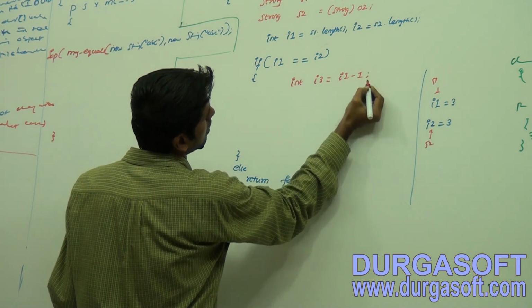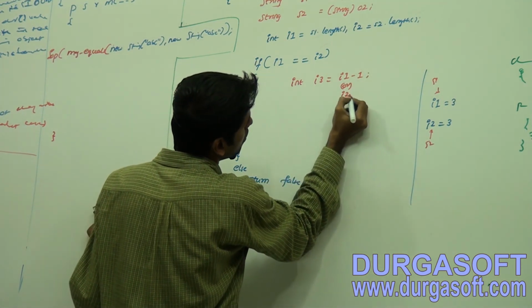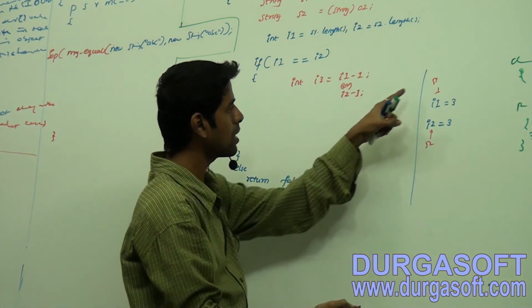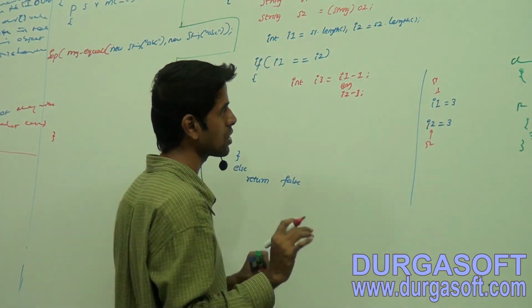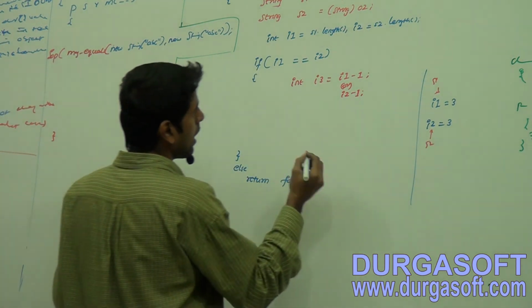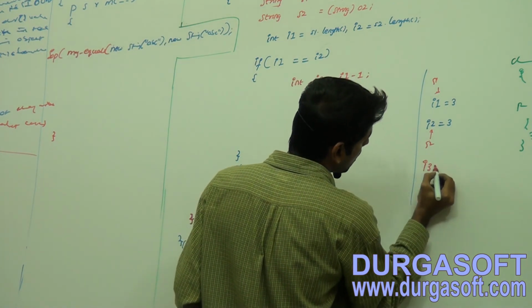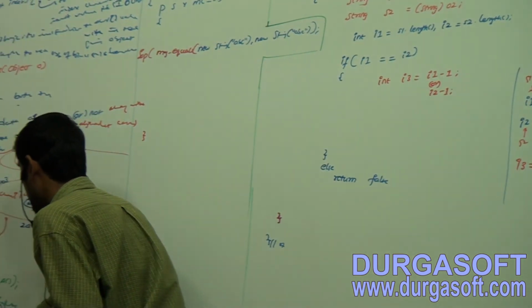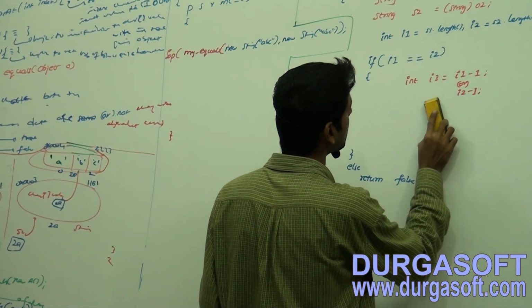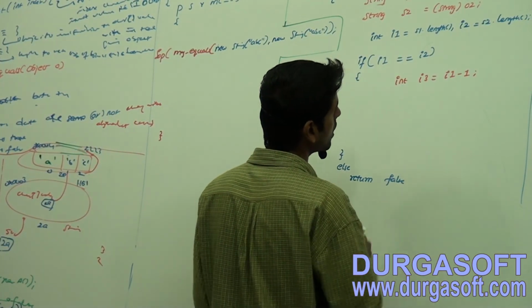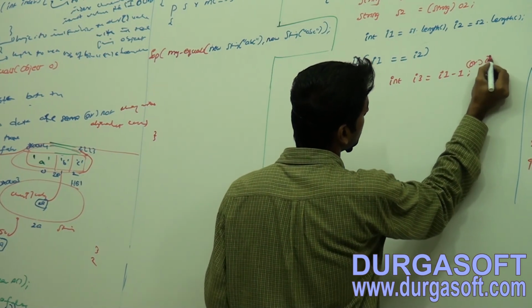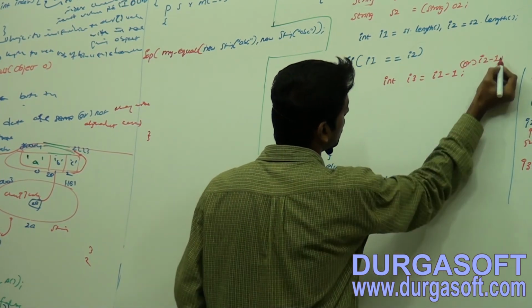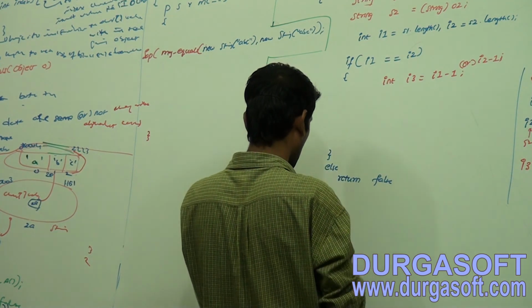I1 minus 1 or else I2 minus 1, because I1 and I2 are both the same. No restrictions. Now I3 value at memory is what? 2, friends.